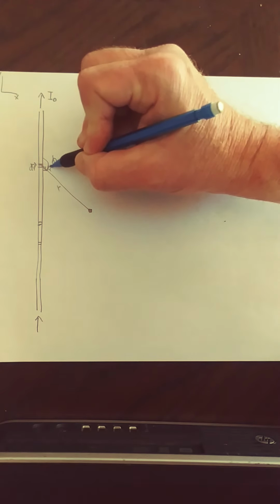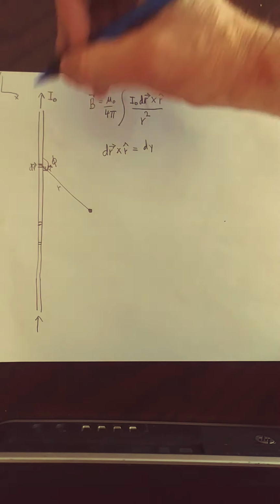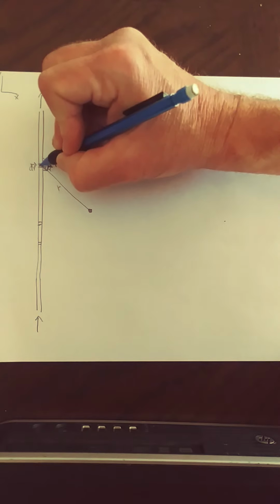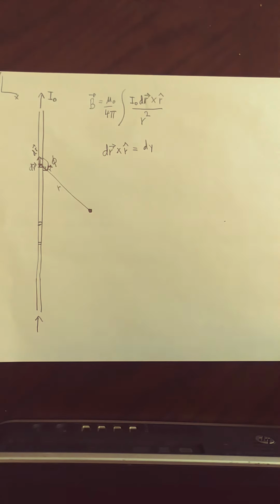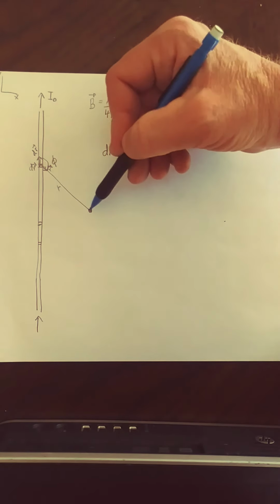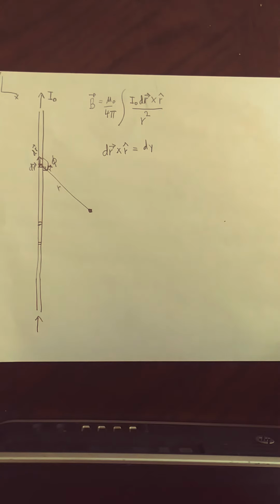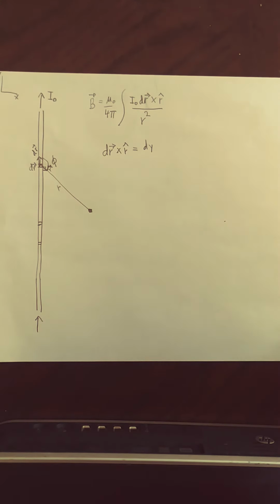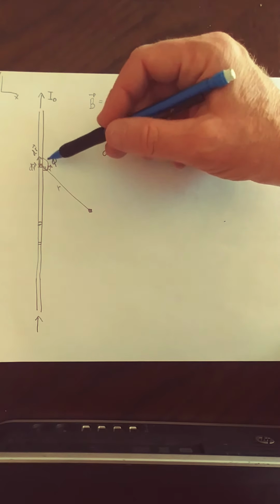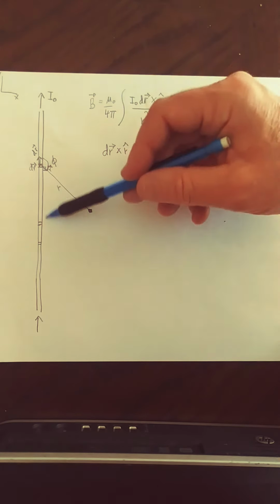The unit vector is r hat, not r. dr is pointing upward along the y, and r hat is pointing to where we want to evaluate the field, and so phi is the angle there. That angle depends on the value of y.